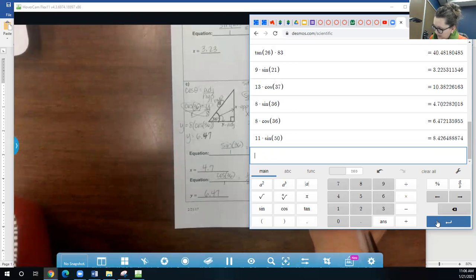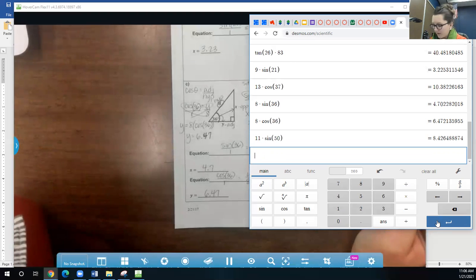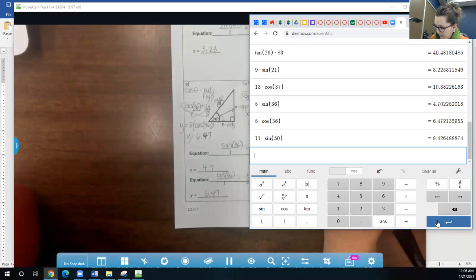Sine of 50 divided by 1 equals x divided by 11. All right. Last one, solving for y. We have adjacent and hypotenuse. That looks like a cosine. Cosine of theta equals adjacent over hypotenuse. So we have cosine of my angle, which is 50, equals y divided by 11.